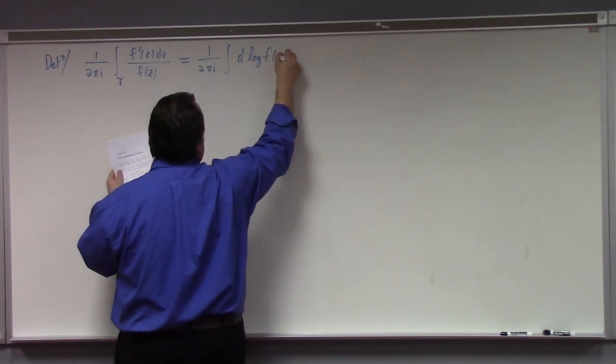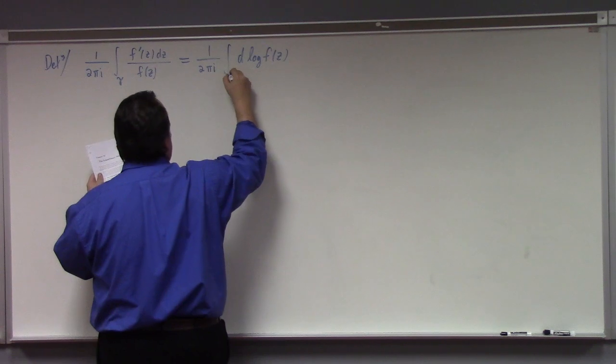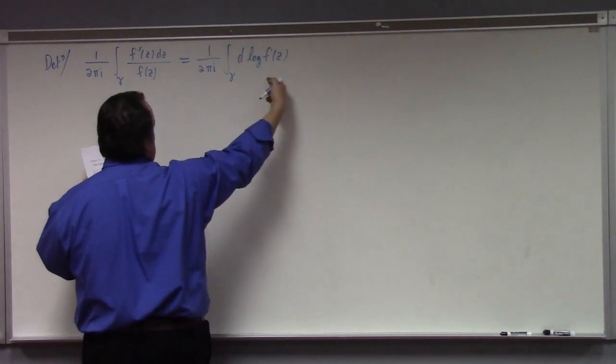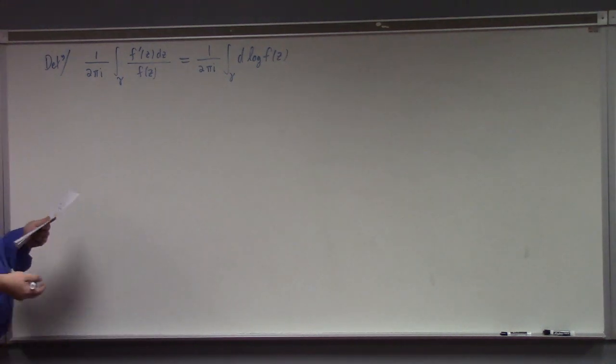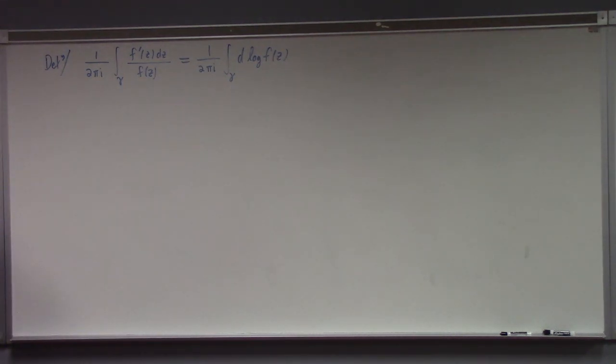In some sense, this is a definition. All right, like this is defined here, okay? You got me? Yeah. This is the logarithmic integral of f of z along gamma.